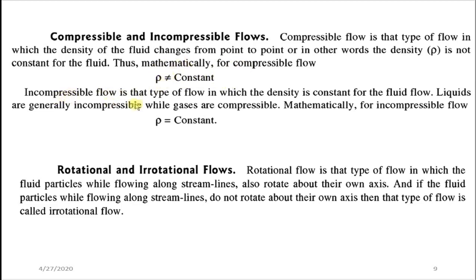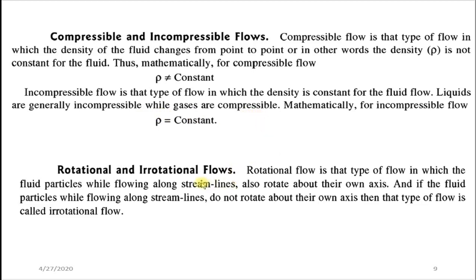Incompressible flow is that type of flow in which density is constant for the fluid flow. Liquids are generally incompressible while gases are compressible. That means for liquids the density remains constant, while for gases density is not constant, that is, they can be compressed.